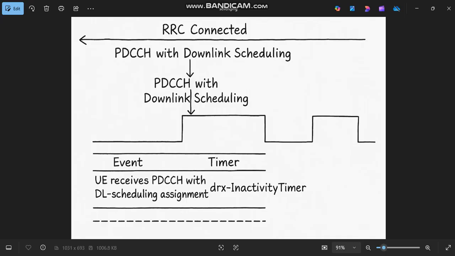These things can happen in parallel. If we get another PDCCH downlink scheduling within this DRX timer, the DRX inactivity timer can increase and start from there also. So this is one more advantageous thing when it comes to saving the power of the UE.